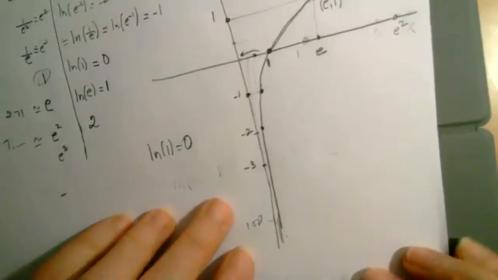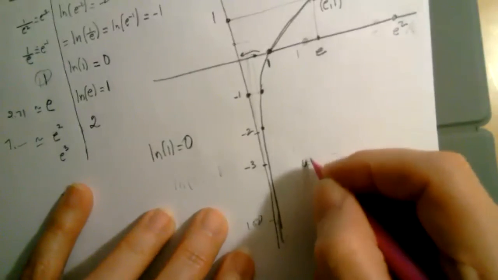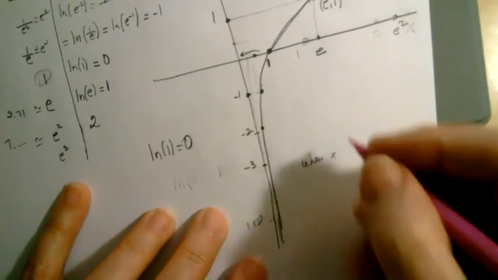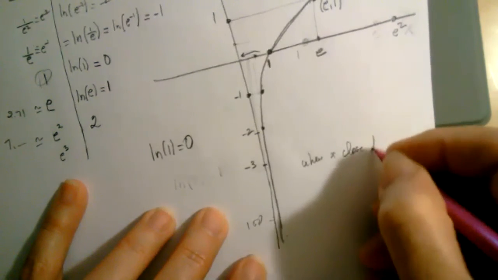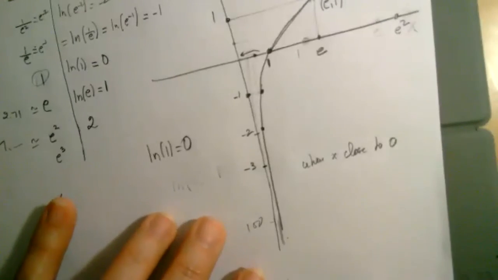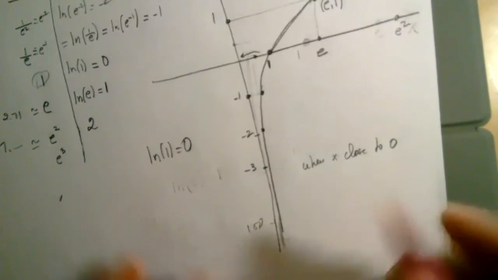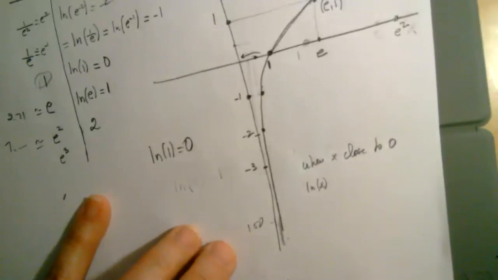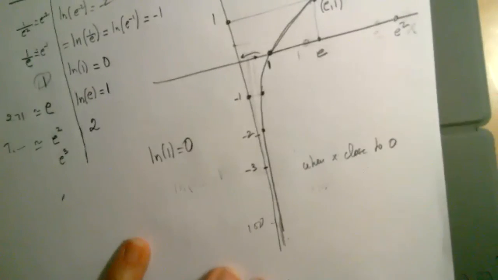So sometimes we say that when the input x becomes very close to 0, the output, it means the value of ln of x, what happens to it? They become more and more negative.